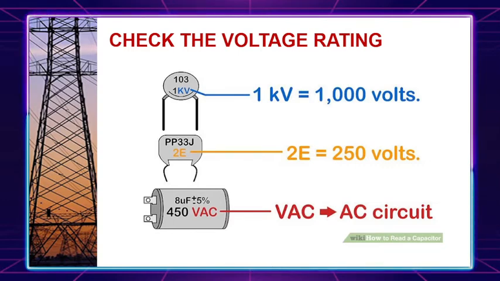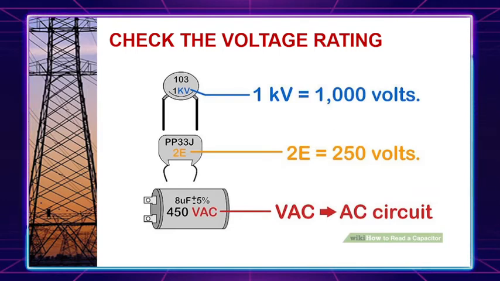These are what we call voltage rating. If there is room on the body of the capacitor, the manufacturer usually lists voltage as a number followed by a V, as you can see, VDC, VDCW, or WV. WV stands for working voltage. This is the maximum voltage the capacitor is designed to handle. So 1 kV is equivalent to 1,000 volts.